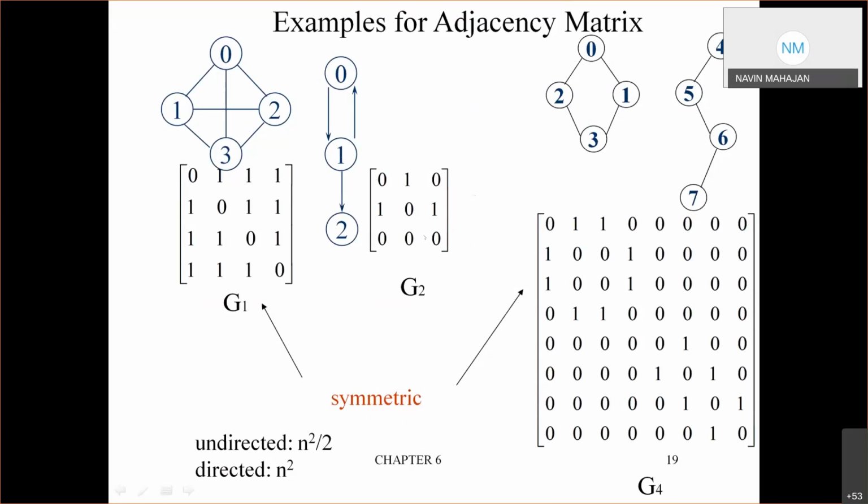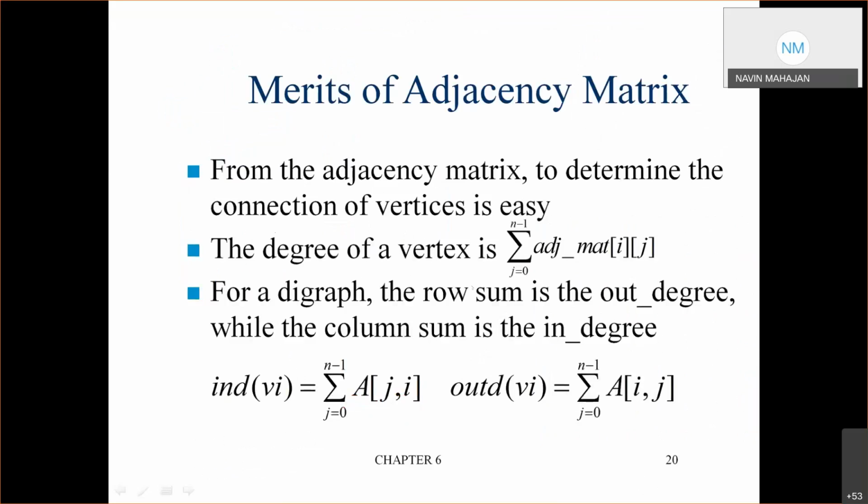For a directed graph, the row sum is the out degree, while the column sum is the in degree.